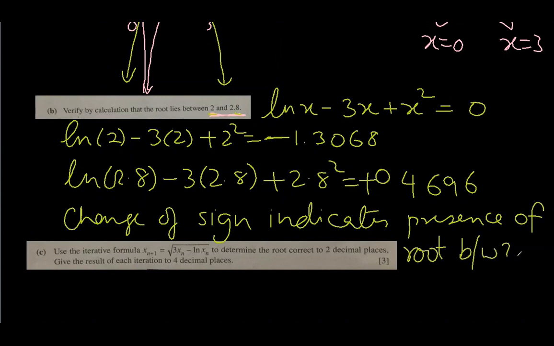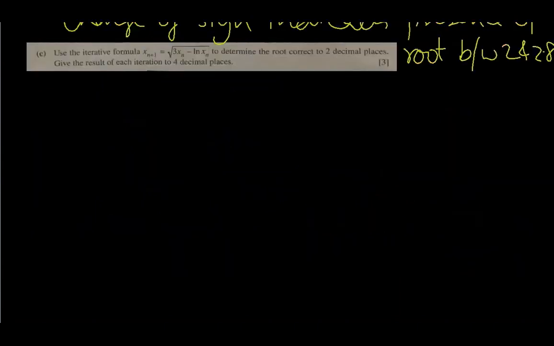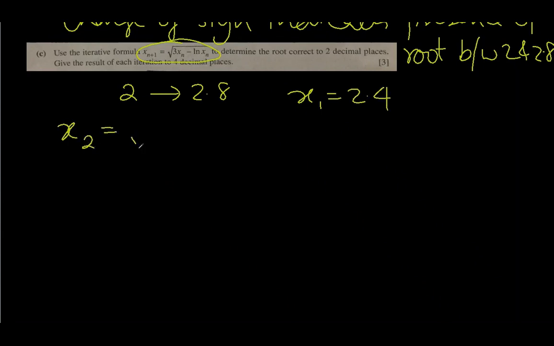between 2 and 2.8. Part C, we have to use iterative formula, this one, to find the solution. So the starting point, because we know the root is between 2 and 2.8, we'll start with x1 equal to 2.4. So x2 will be the square root, the iterative formula is given to us.